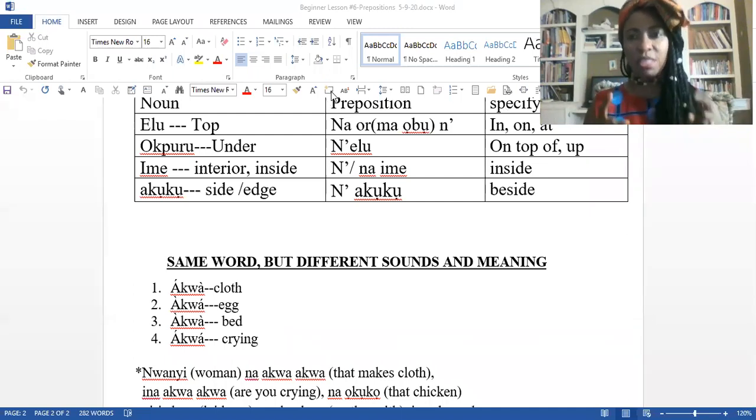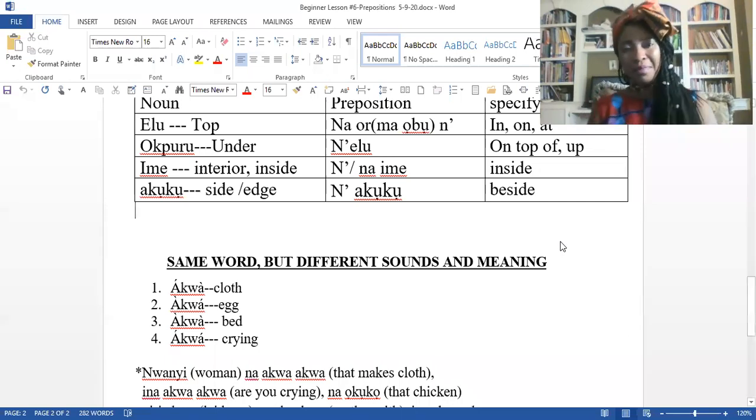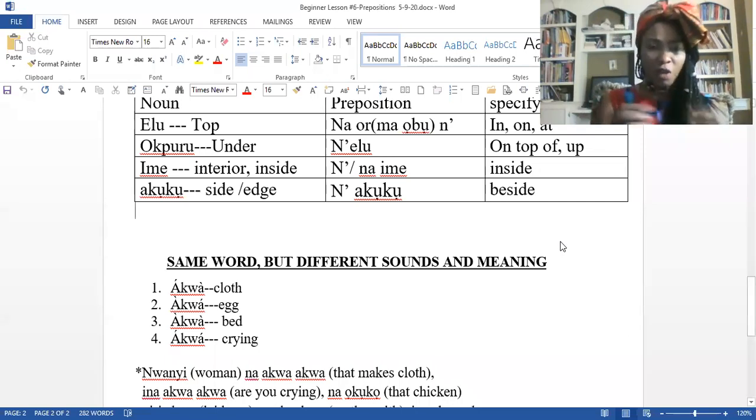The preposition we are capitalizing on is na, which is like "and", something that helps to join words together. So you use the preposition to join words together. I know last time we did a few of them.